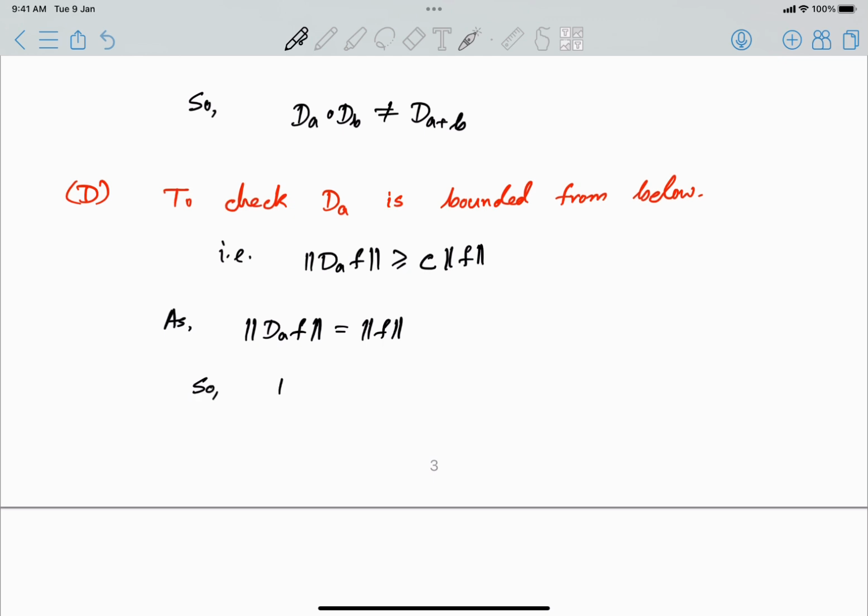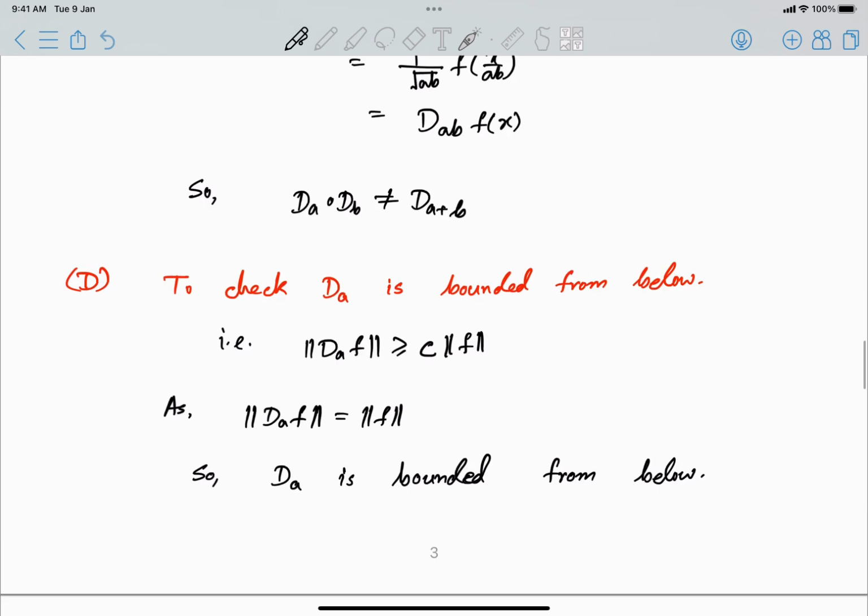So dA is bounded from below, because here c is 1 and equality also holds, so it is bounded from below.